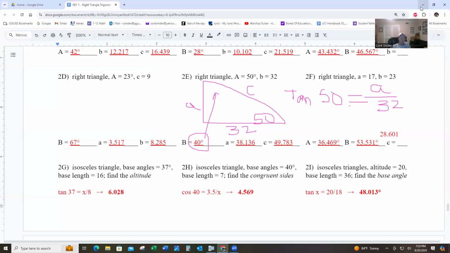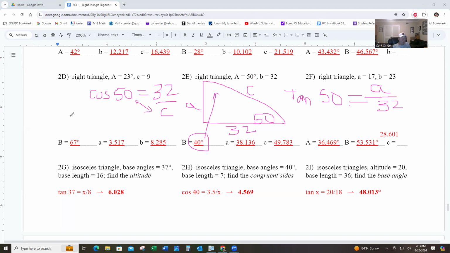All right. Now, to get C, again, you have options. I'll go the cosine of 50 degrees equals the adjacent 32 over the hypotenuse, which is C. And remember, you're always allowed to switch diagonally.